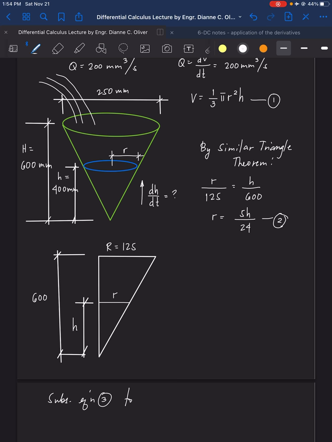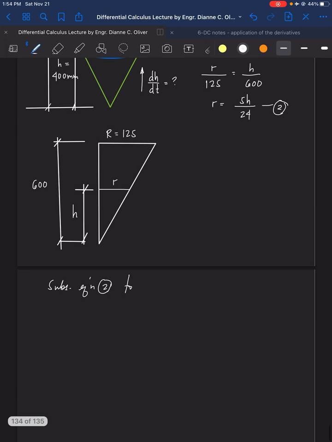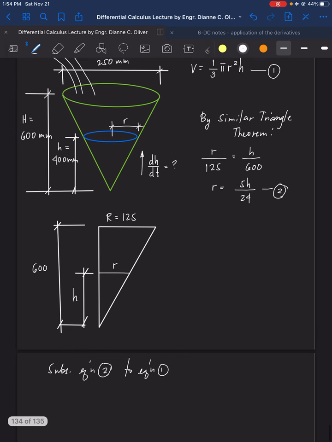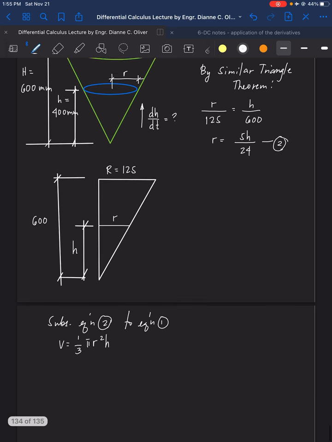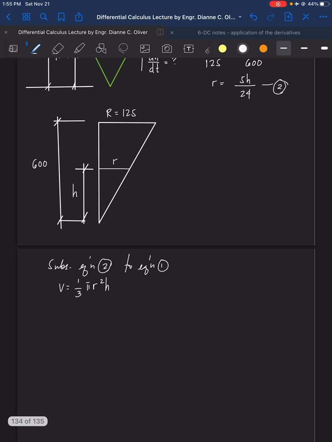So substitute equation 2 to equation 1, wherein equation 1 is V is equal to 1/3 pi r squared h. So V is equal to 1/3 pi, r is 5h over 24, squared, times h.